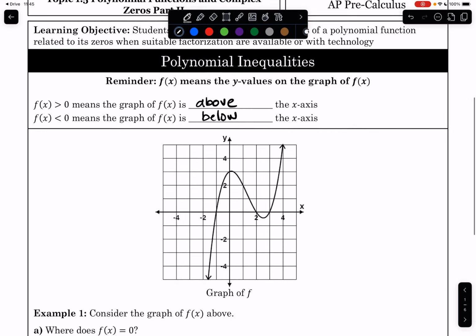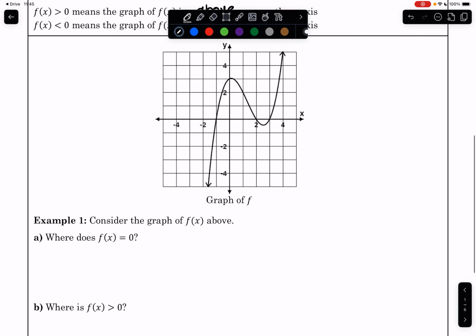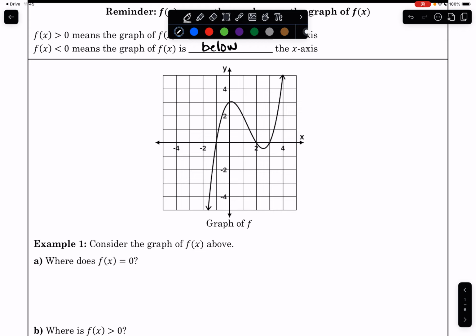So let's look at an example of this. For example number 1, consider the graph of f of x. The question is, where does f of x equal 0? Well, the graph equals 0 when we cross the x-axis. Any function equaling 0 is simply where the x-intercepts occur.